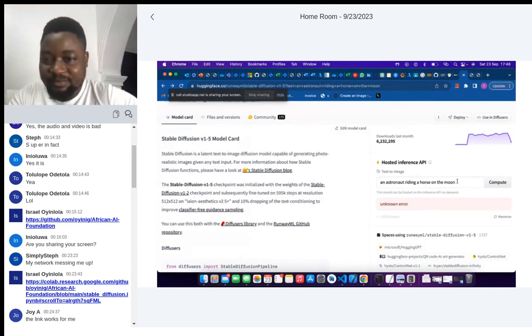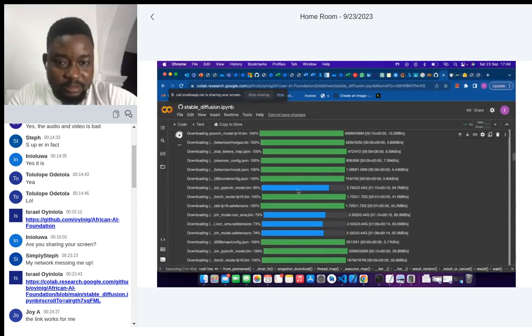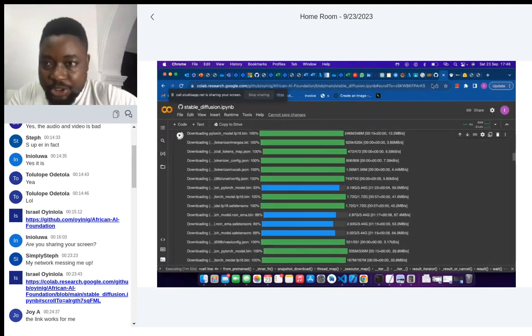Let's turn it off. Let's use this idea in our own model once it's loaded. It takes quite a bit of time because the model is quite huge.